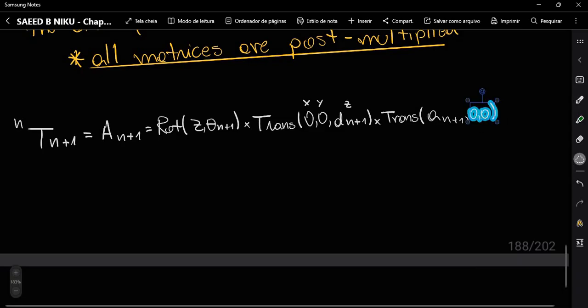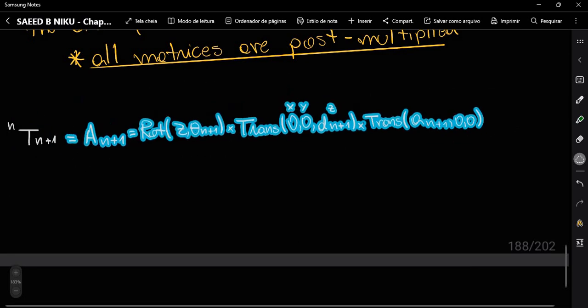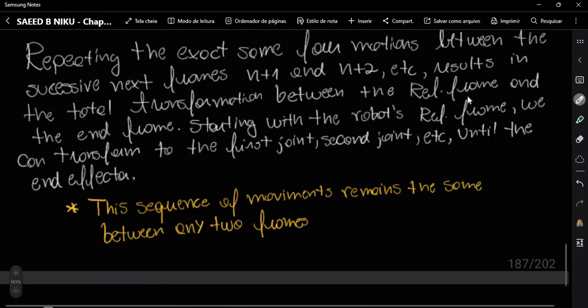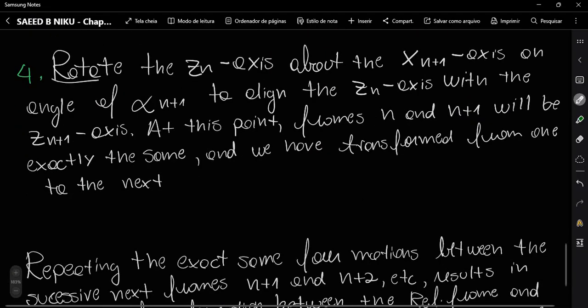And a fourth and last transformation, which is a rotation about the xn axis with angle of alpha n+1.